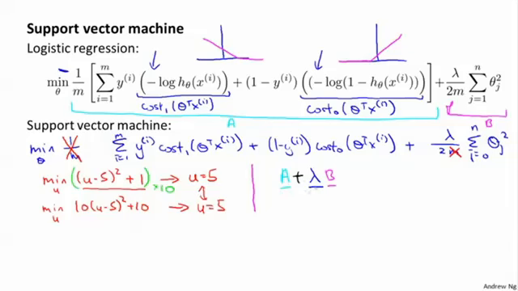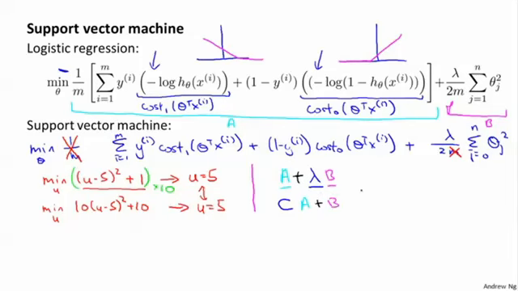Instead of using lambda to control the relative weighting between the first and second terms, we're going to use a parameter called C, and we're going to minimize C times A plus B.